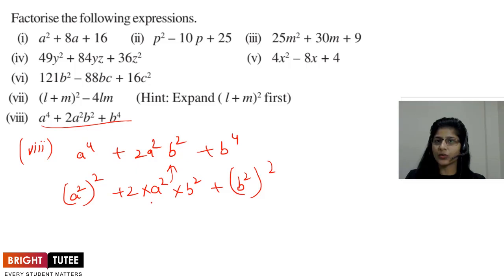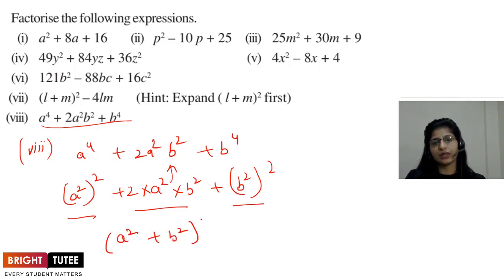Yes, it gives us 2a square b square. It is the formula a square plus 2ab plus b square, so we will write it as (a square plus b square) whole square. So the factors are (a square plus b square), (a square plus b square). This would be the factor for the given question, right? So in all these questions we have used our identities to find out the factors.